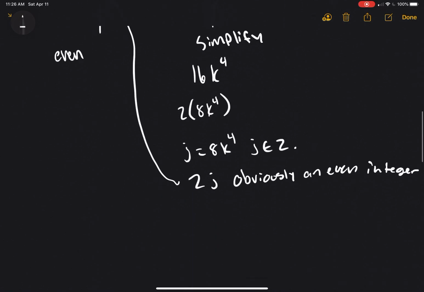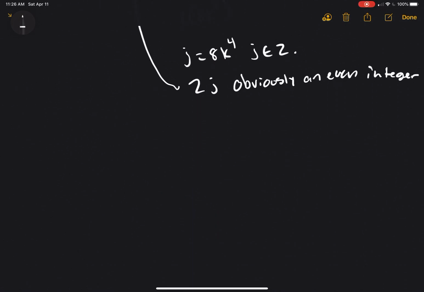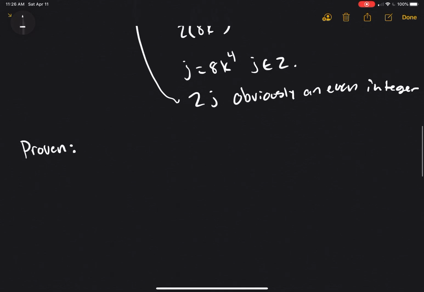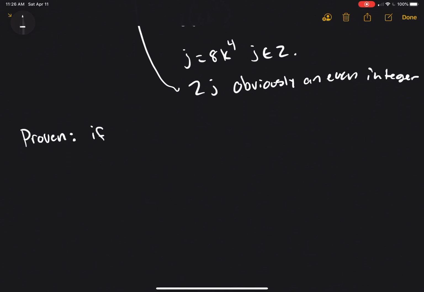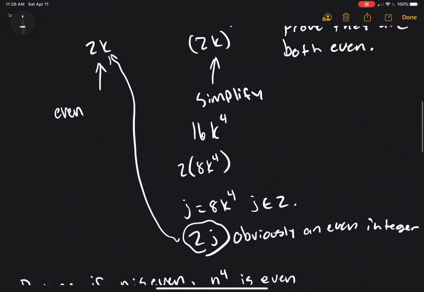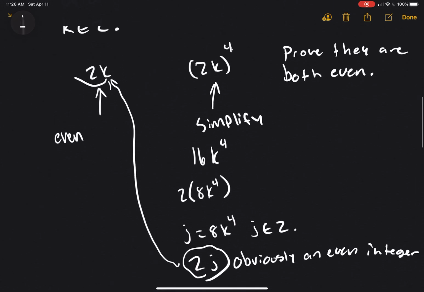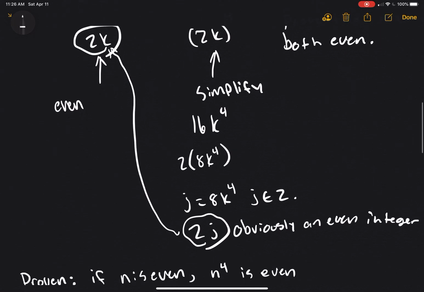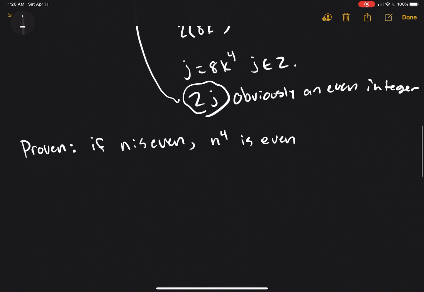Okay, so what we just proved is that if n is even, n to the fourth is even, because we were able to simplify that to the definition of an even integer, and this one was already the definition of an even integer, so they're both even, obviously.